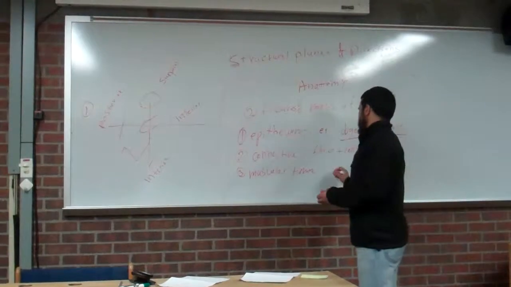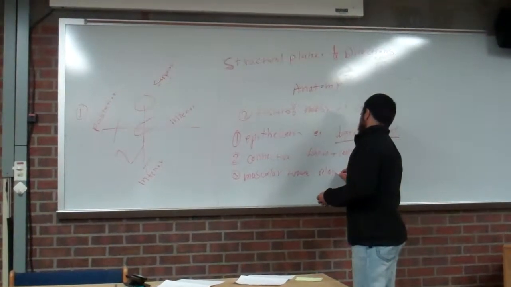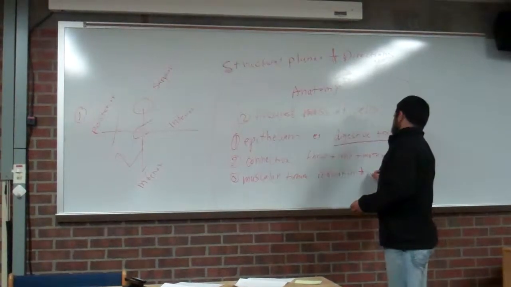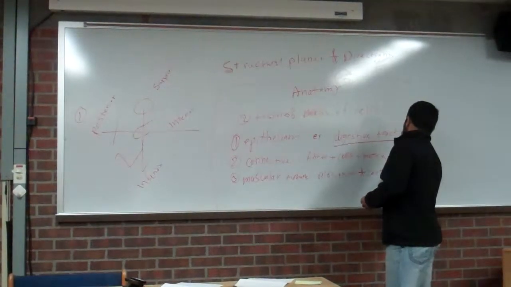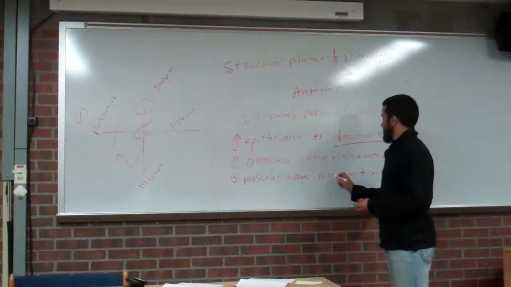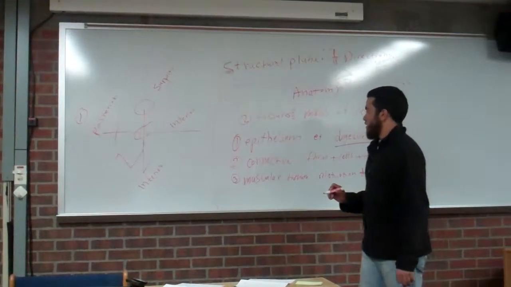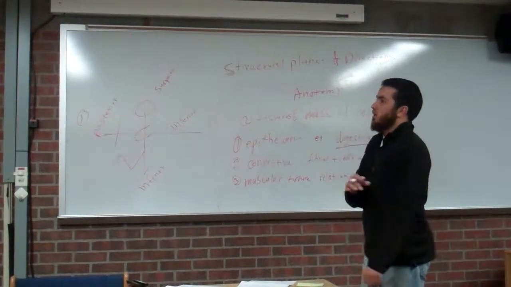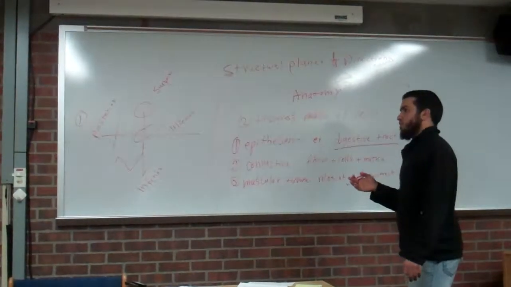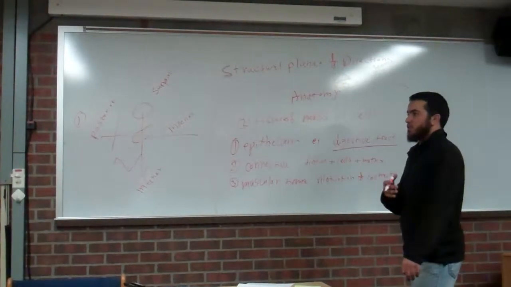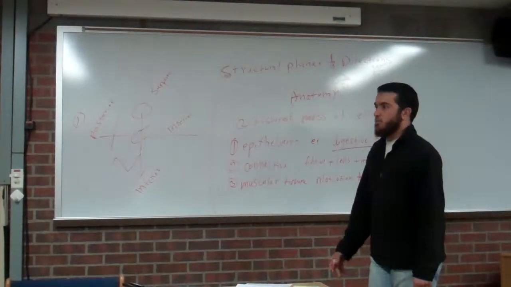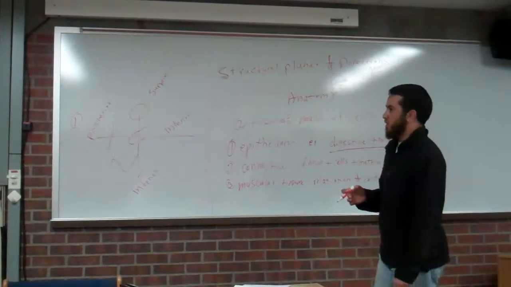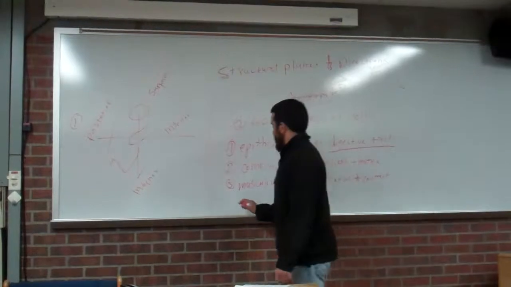So the main function is relaxation and contraction. For example, you will see this kind of tissue in the heart and muscles everywhere, like muscles for the lungs, the legs, your hand, and your stomach.